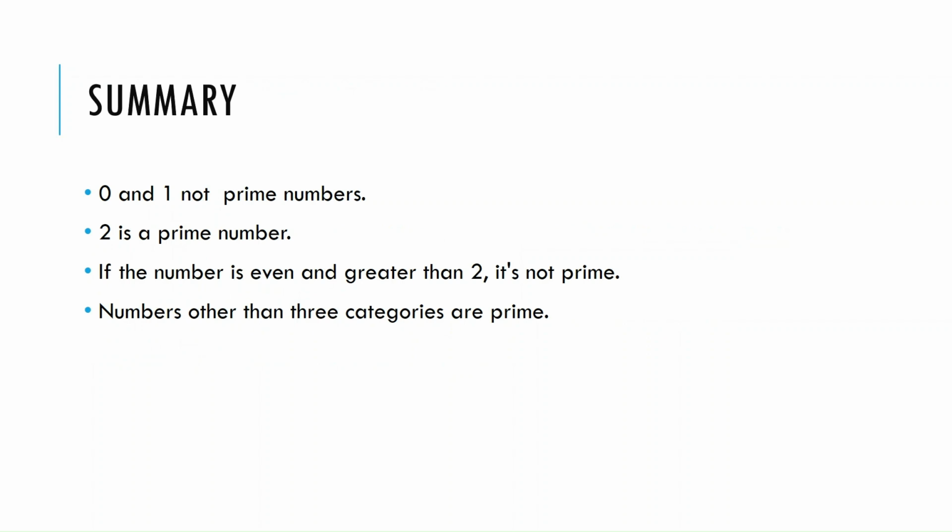So let us summarize what all we learned. 0 and 1 are not prime numbers. 2 is a prime number and is the only even number which is prime. And if the number is greater than 2 and it is even, then it is not prime. So three conditions we have so far covered.